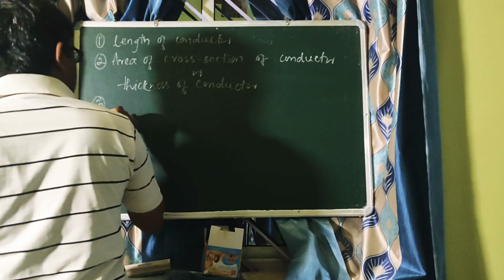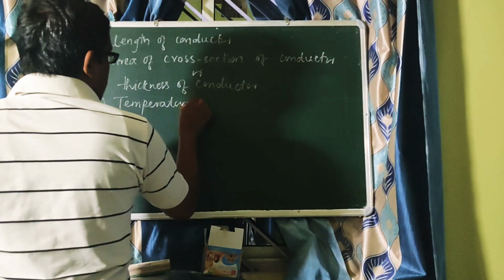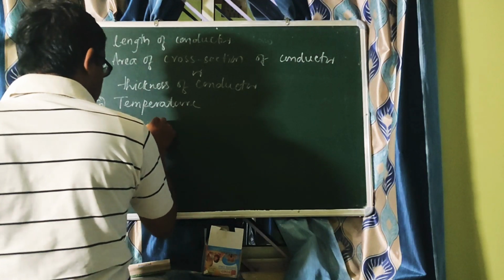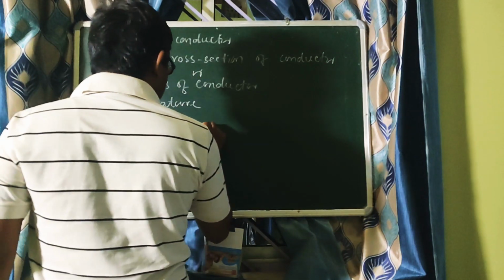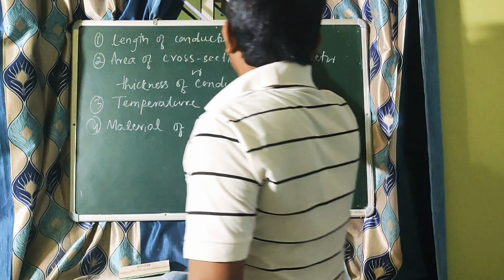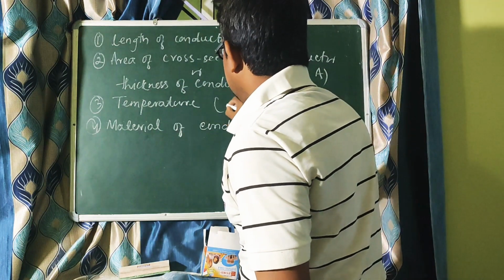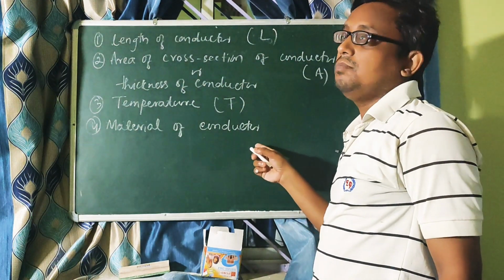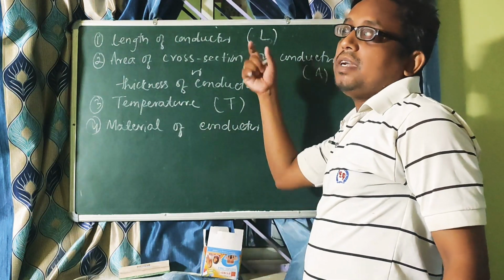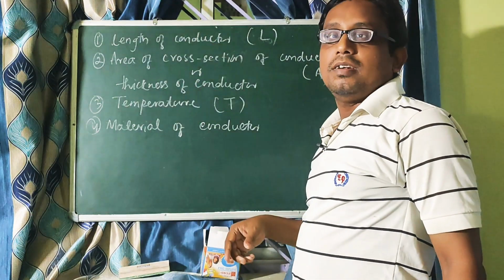Number 3, temperature, and number 4, material of conductor. Length of conductor is L, area of cross section is A, temperature is T, and there is no symbol for material of conductor. We will discuss one by one how resistance depends on these 4 factors.